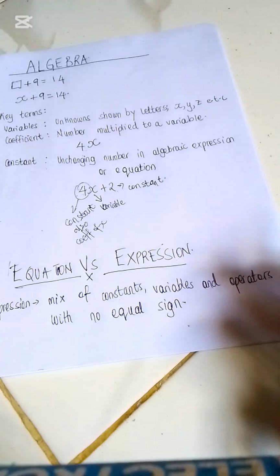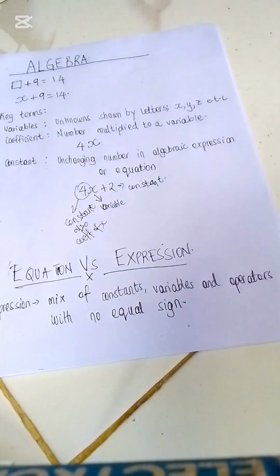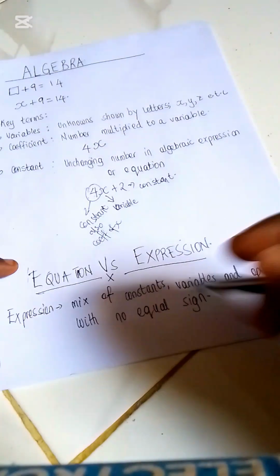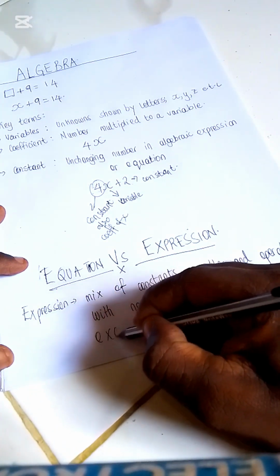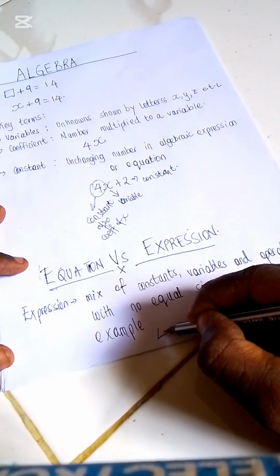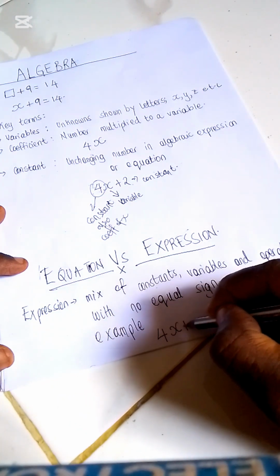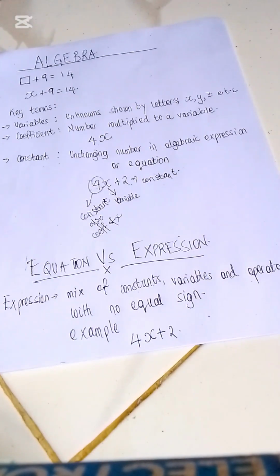It's just like a statement of relationship between these things. For instance, let me use the very same example, 4x plus 2. That's an expression. 4x plus 2 is just an expression, but an equation has an equal sign.